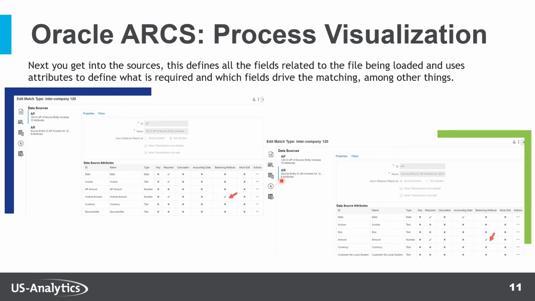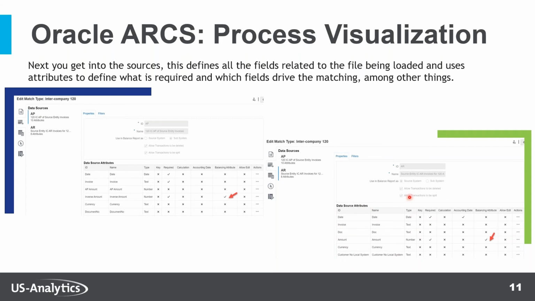And then when we come over here to the second screenshot, we're looking at our second data source, and we've got a similar column set. So we've got ID, date, invoice, document, amount, currency, and customer number. So some shared properties, some that differ.